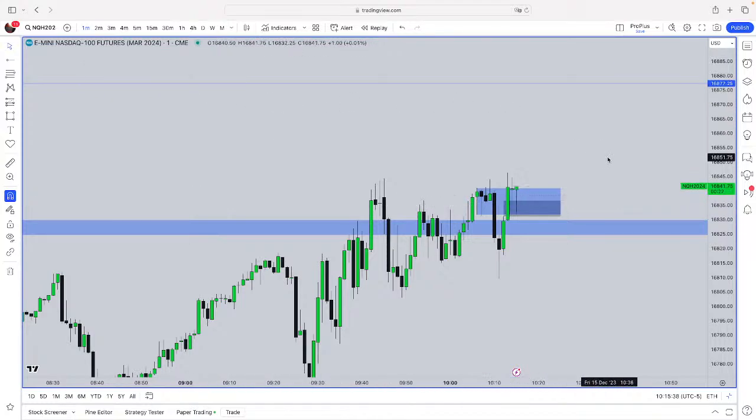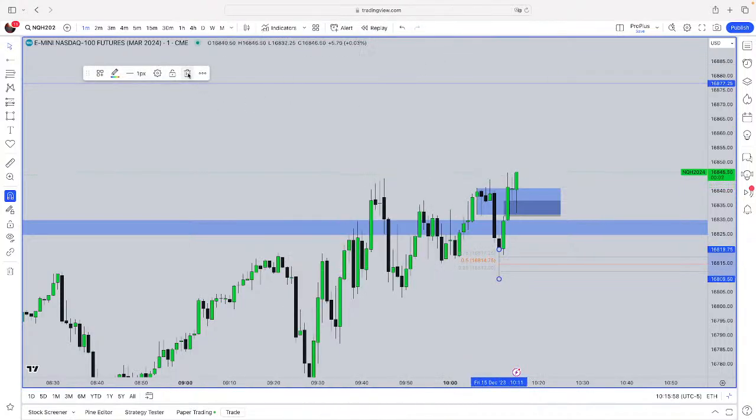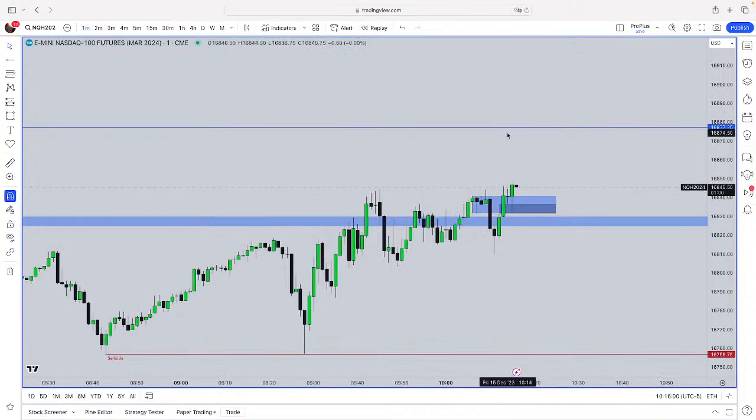See how it reacts if it wants to run the buy side. That'd be me for a silver bullet, I'd say. Stops probably would be below this consequent encroachment, somewhere down there. And I'd like to see that run higher.